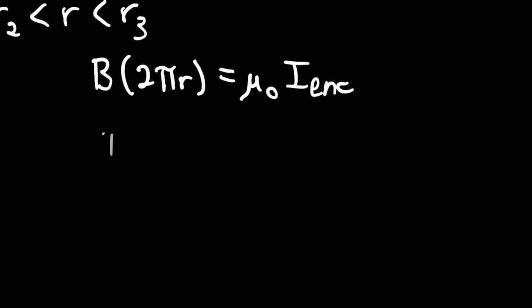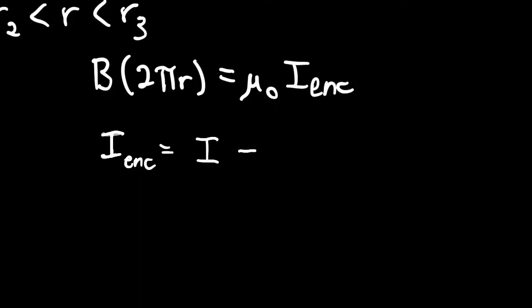So I enclosed is equal to I, then I'm going to do minus. Why am I doing minus? Because it's going the opposite direction. So the current that's in the outer part of the wire, and this part, is going the opposite direction.